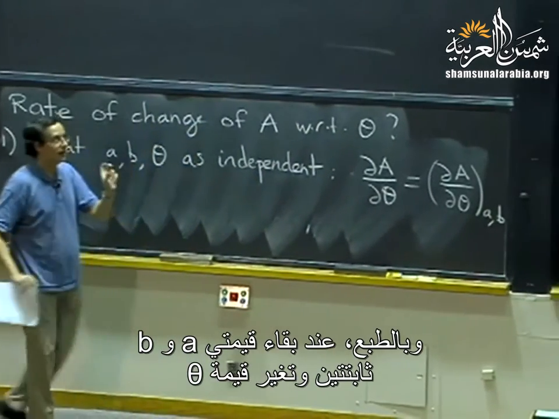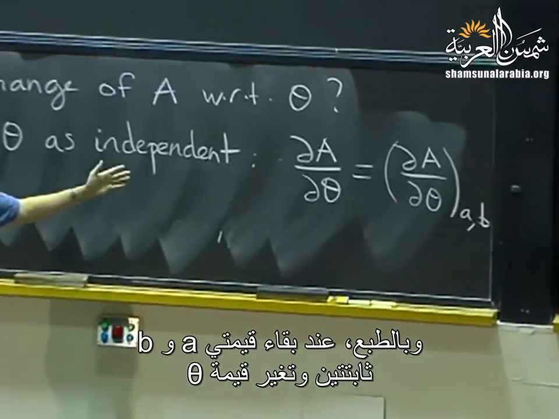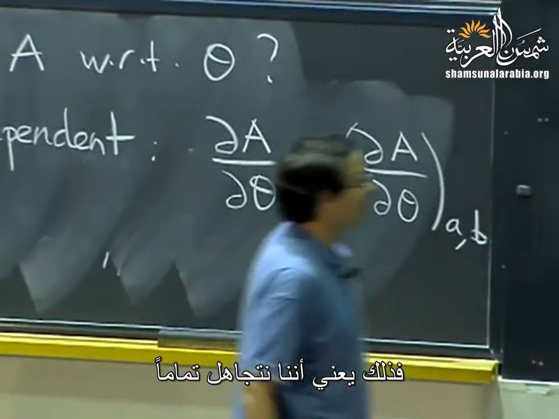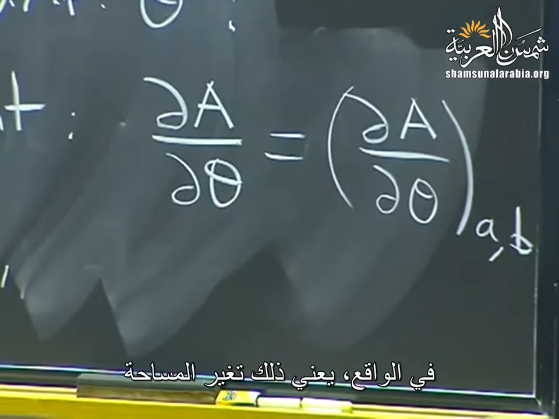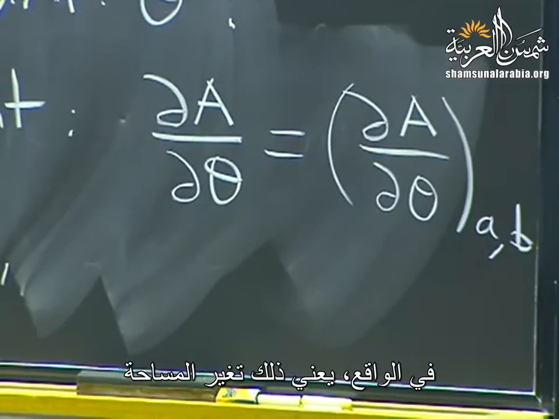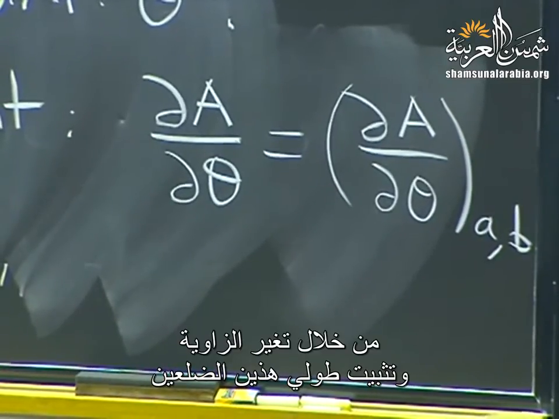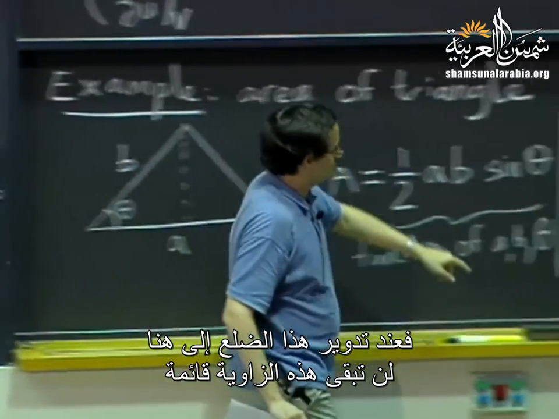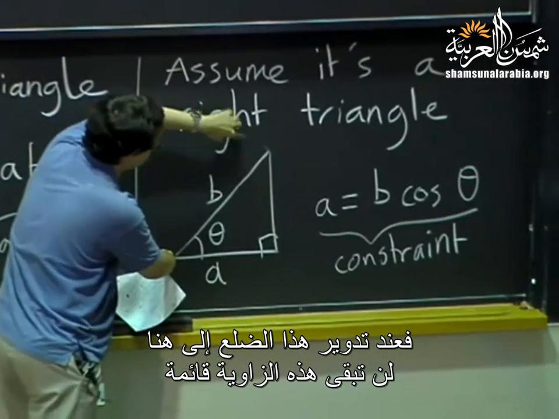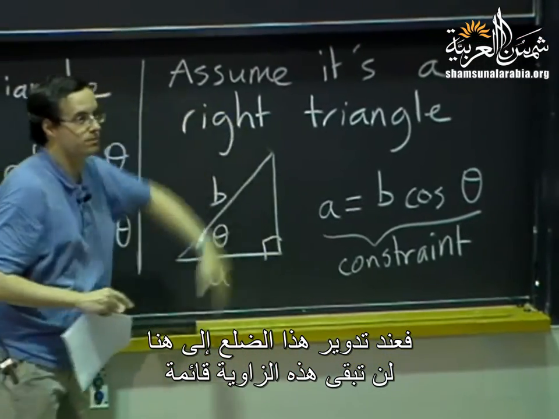Of course, if we are keeping A and B fixed and we are changing theta, it means we completely ignore this property of being a right triangle. It corresponds to changing the area by changing the angle, keeping this length fixed. And we lose the right angle: when we rotate this side here, the angle doesn't stay a right angle.